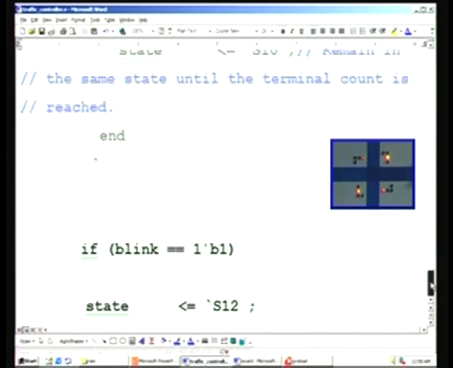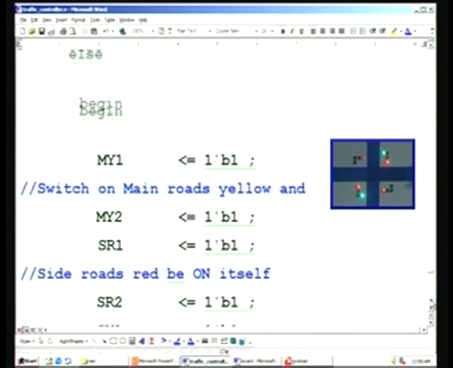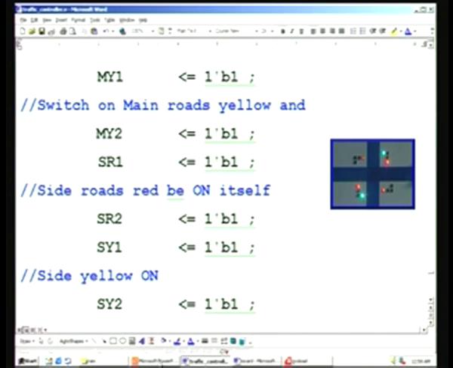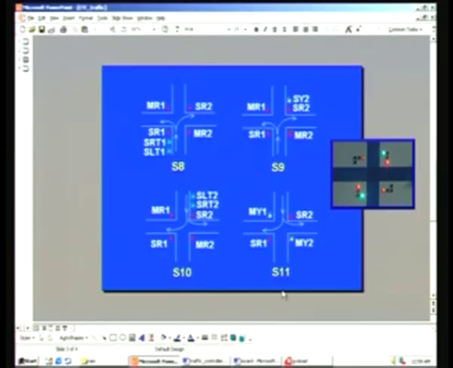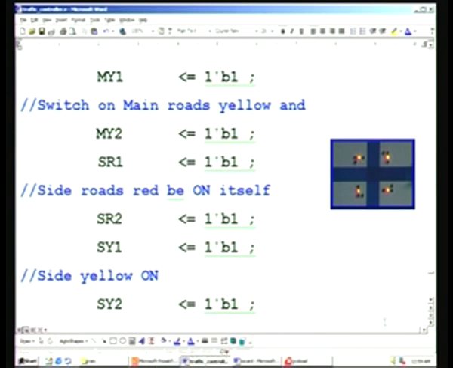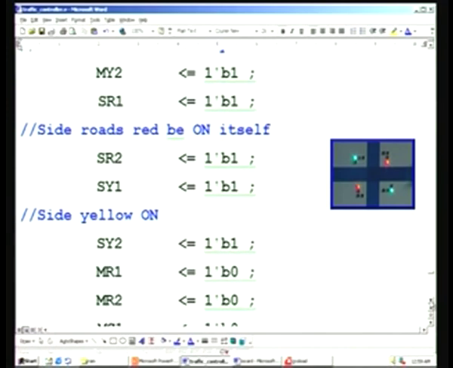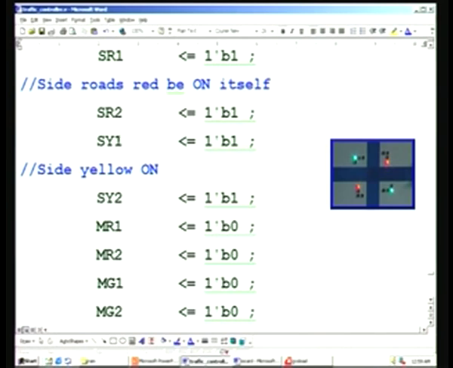S11, sorry. S11 is MY1, MY2, and SR1, SR2. I think some problem is there in this. SY1, SY2 should be 0 actually, isn't it?